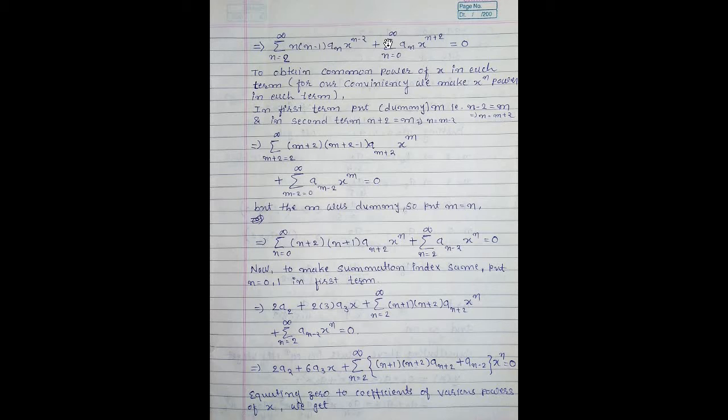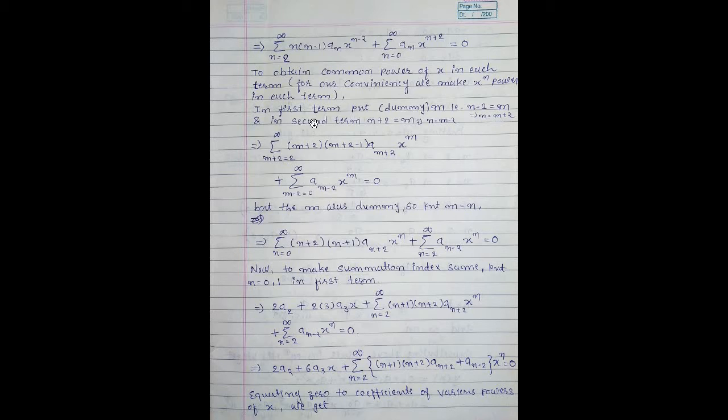Either make power of x n minus 2 in both the terms, or make power of x n plus 2 in both the terms, or we make power of x is n only in both the terms. For our convenience, we make power of x is n in each term.